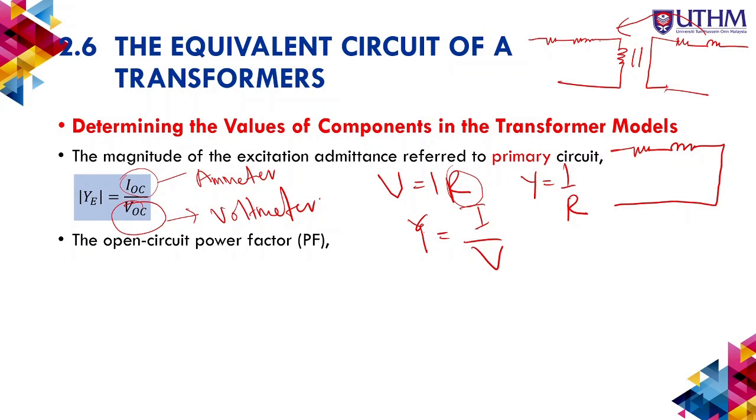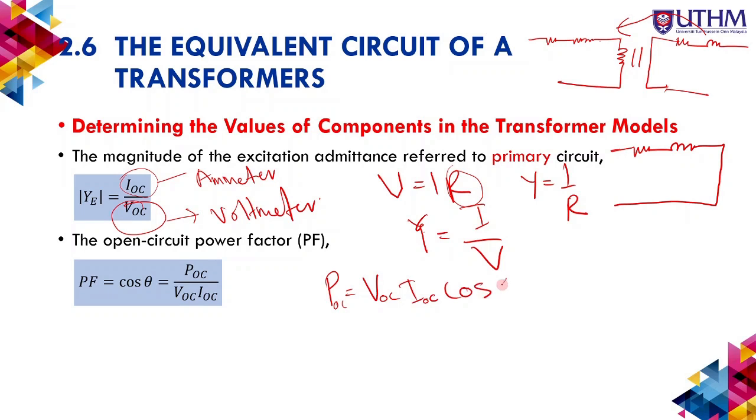And then the power factor. Okay, so this is one of the important part. So power factor, kita perlu ingat dia punya formula dia adalah untuk mencari cos theta. Okay, so kalau kita boleh tulis mula kat sini saya nak tulis, P equal to V, ni macam ni, POC equal to VOC IOC cos theta.